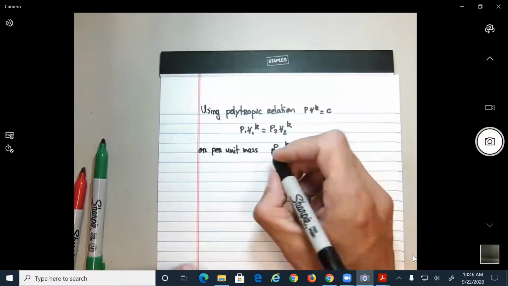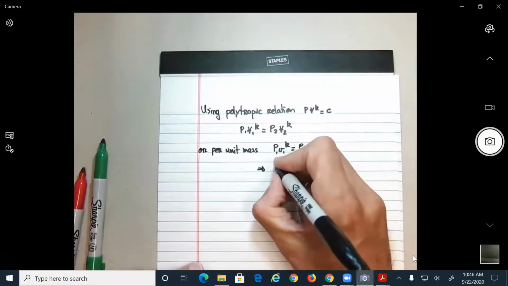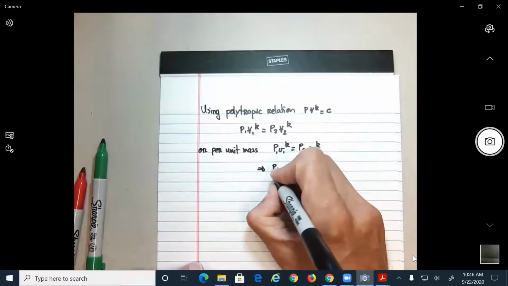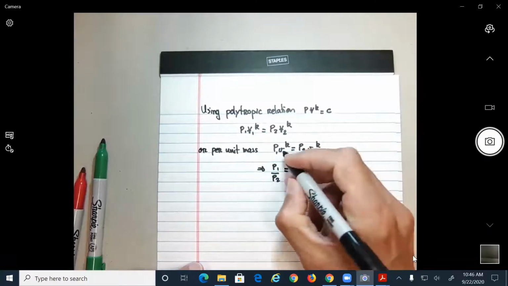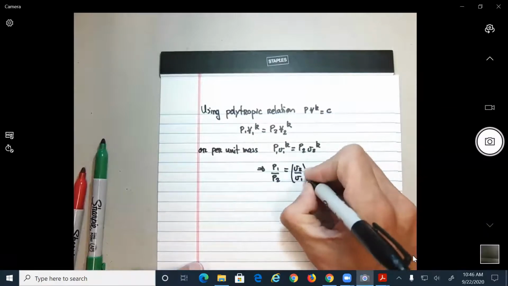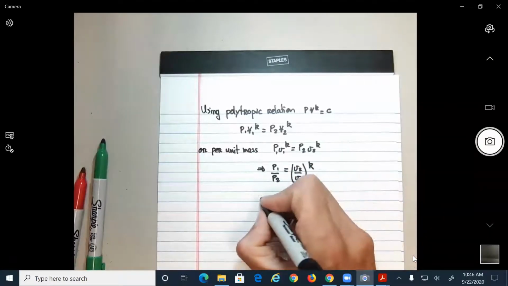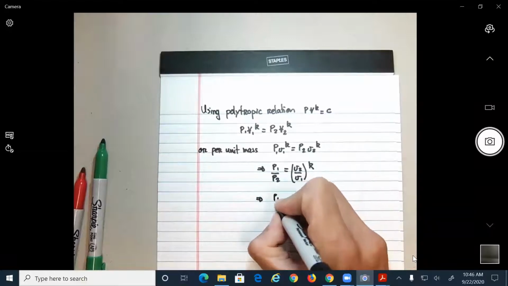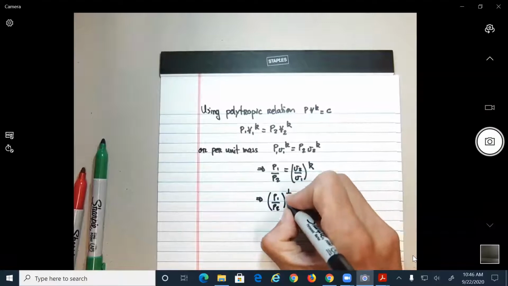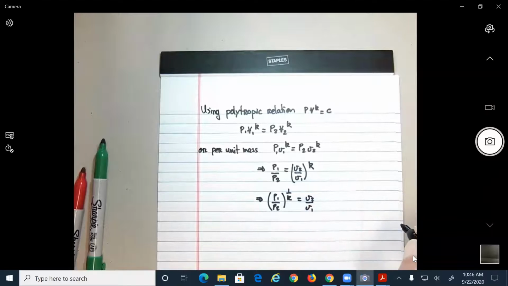All right, so using this relation, I'll do the algebra. P1 over P2 will be equal to V2 over V1 to the K, which will imply that P1 over P2 to the power 1 over K is equal to V2 over V1.